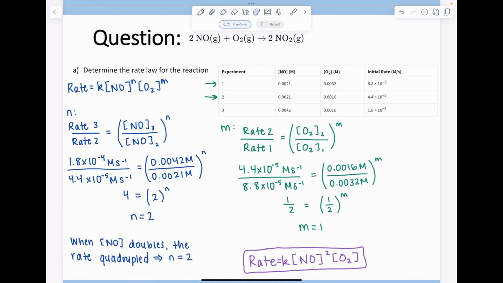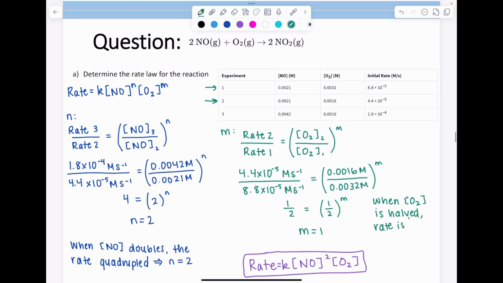And then over here, when the concentration of O2 is halved, rate is also halved. So M must equal 1.